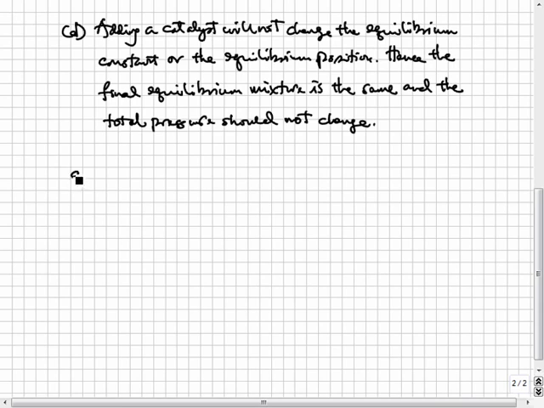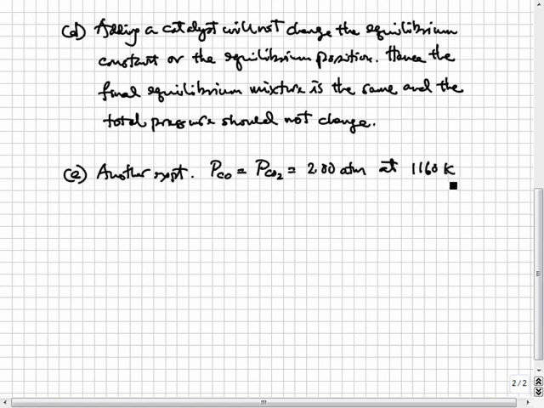E. In another experiment, we have initial pressure of both CO and CO2 equal to 2.00 atmosphere at the same temperature. The mass of carbon and the volume given are irrelevant for Kp. Only the partial pressures of CO and CO2 are important.